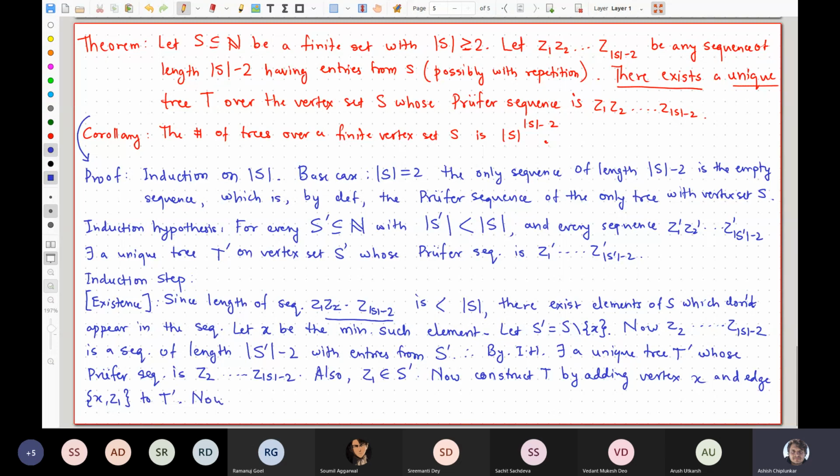I'll leave this step for you to figure out. Check that the Prufer sequence of T is precisely Z1, Z2 up to Z size of S minus 2. All you need to prove is that X is the minimum leaf of the tree T. That's all.